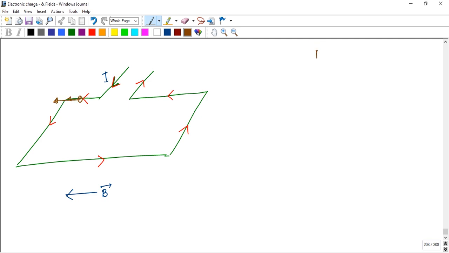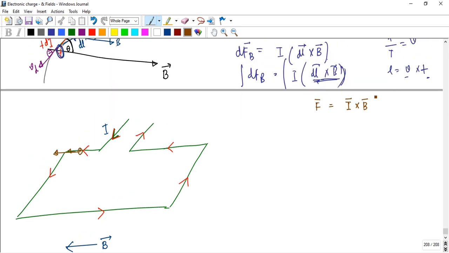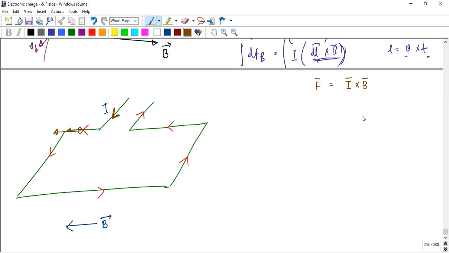You know that force equals I cross B, so IB sine theta. Here B is in that direction and the current is in the same direction, so sine 0, and sine 0 degrees is 0. So the total force here means no force.